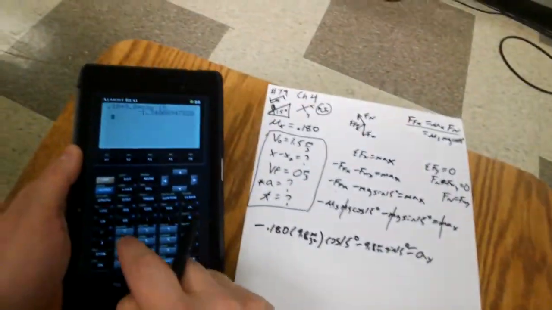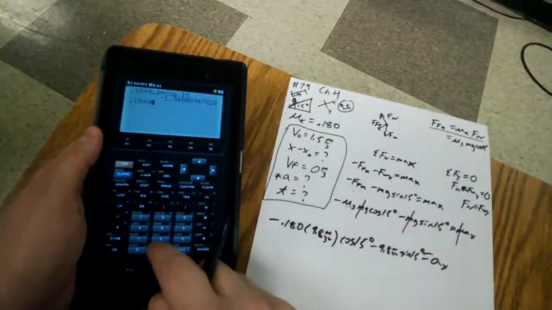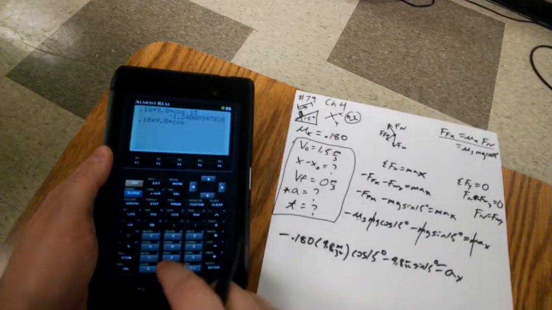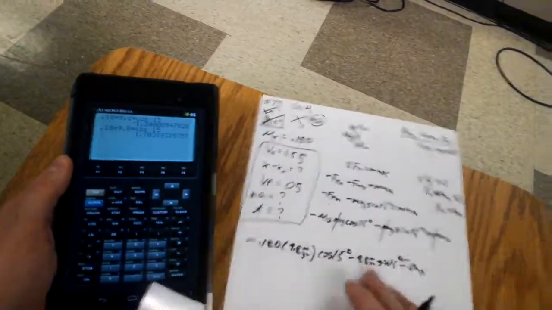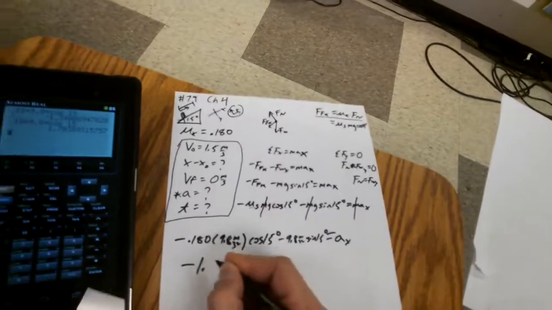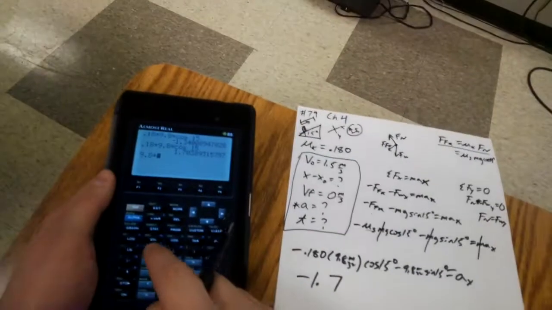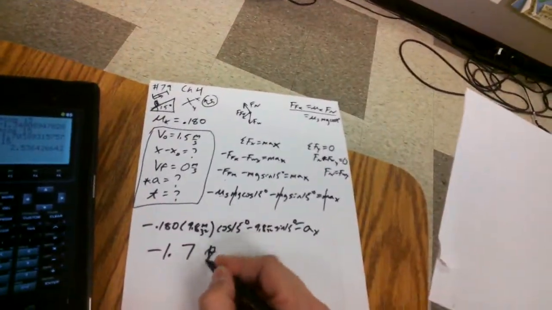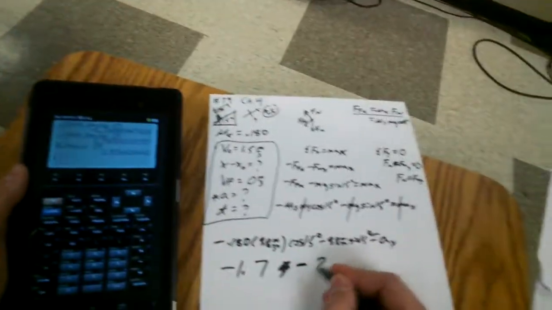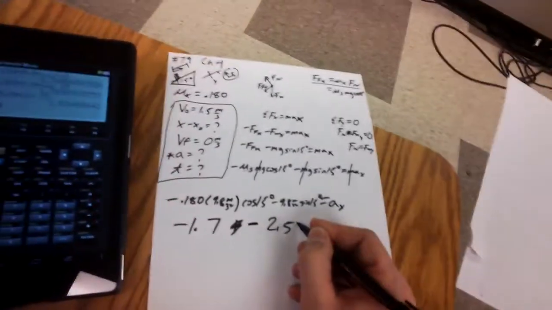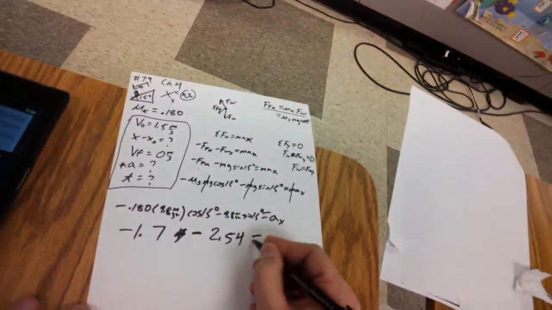Let's try that again. 0.18 times 9.8 times cosine of 15. We have negative 1.7, and 9.8 times sine of 15. Oops. So minus 2.54, call it that, equals acceleration.